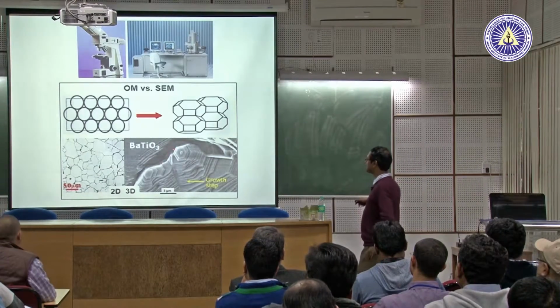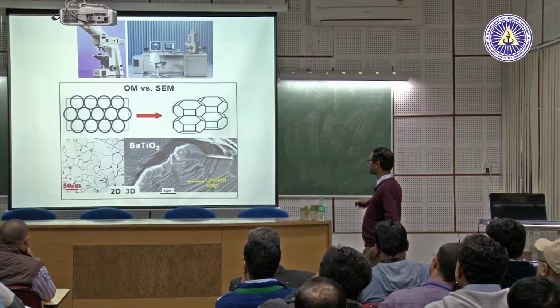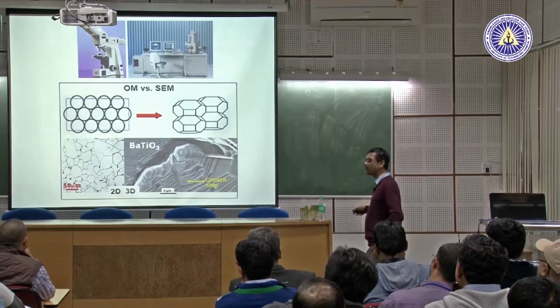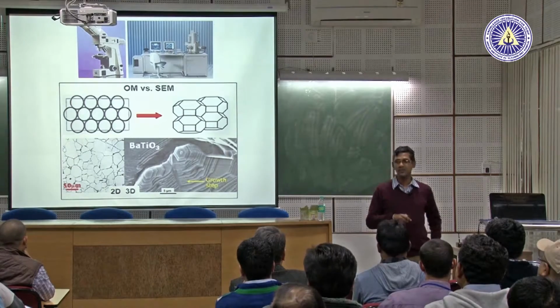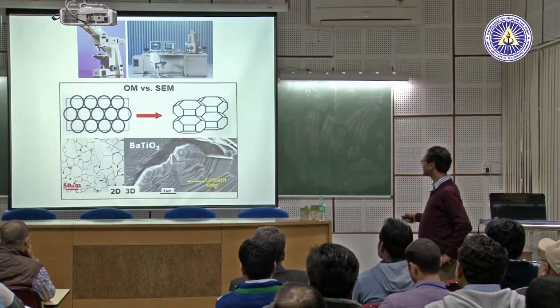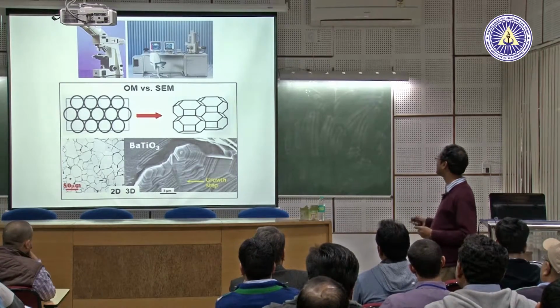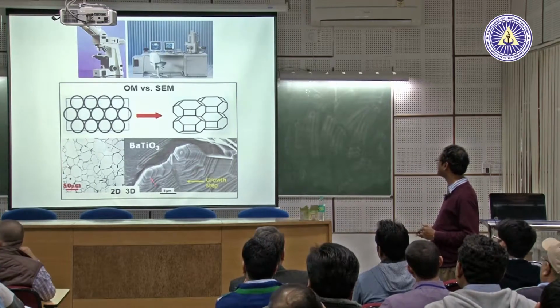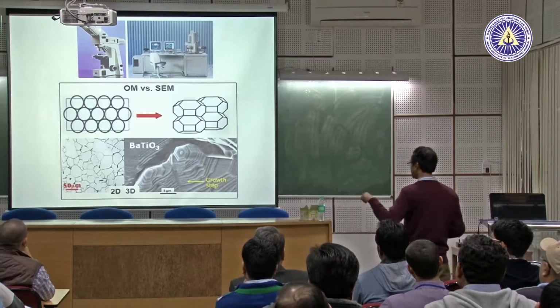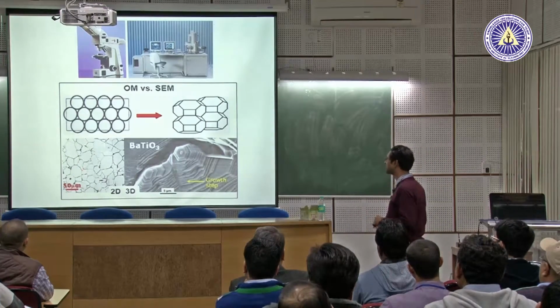Very, very large. You can see here, this is sitting at the top of the hill. The distance from here to there will be about 30 micron. But you can focus it all the way down using different kinds of detectors, which is not possible in optical microscope.